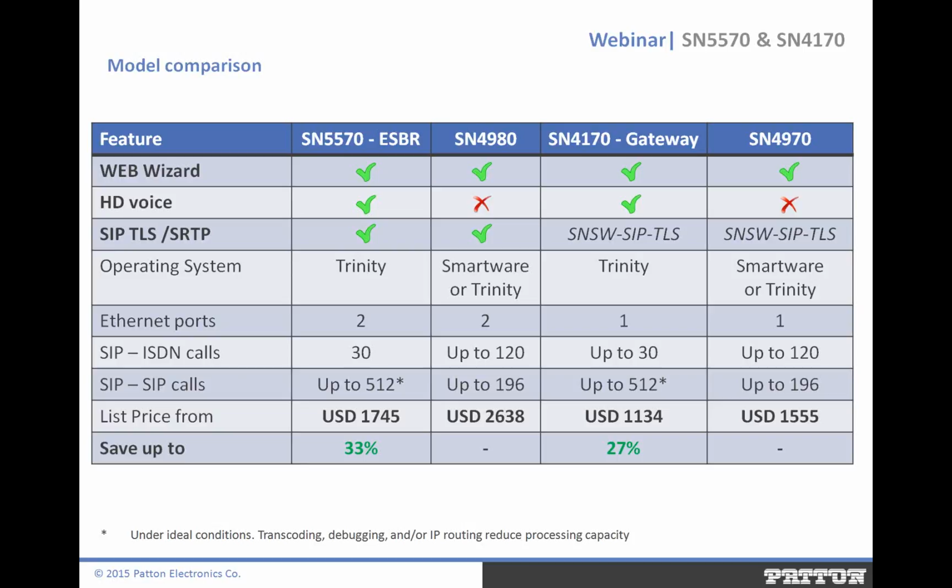And also at the bottom of this table, you can see the list price indication, and also how much the difference is compared to an equivalent device of the older platform based on 4980 or 4970. So it's a significant price drop there, which we see as an additional great plus of that new device.